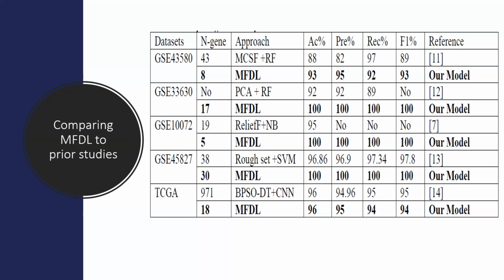The other study is with the third data set, selecting 90 features or genes, while our model chose 5 genes and achieved higher accuracy. So in total, our model achieved better accuracy with fewer features for training the model.